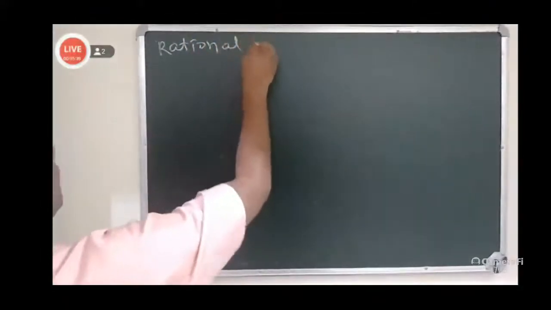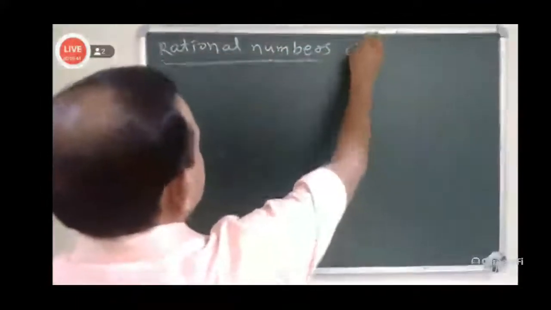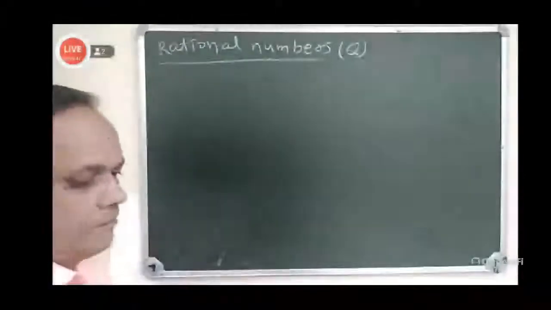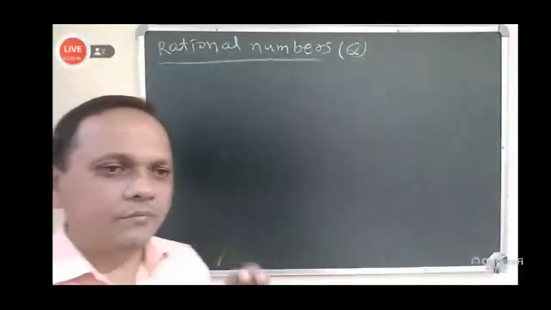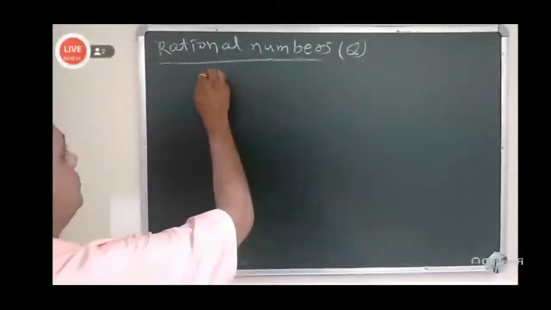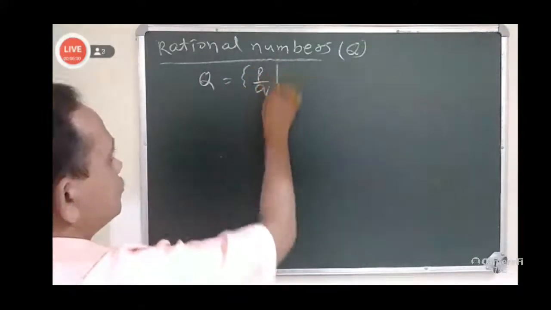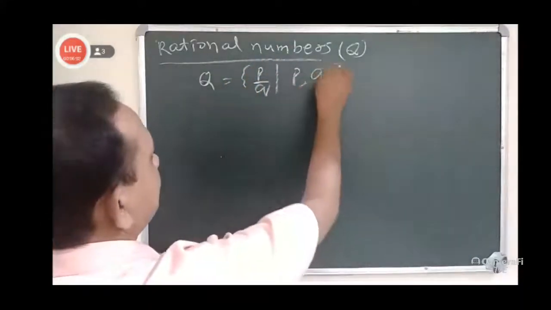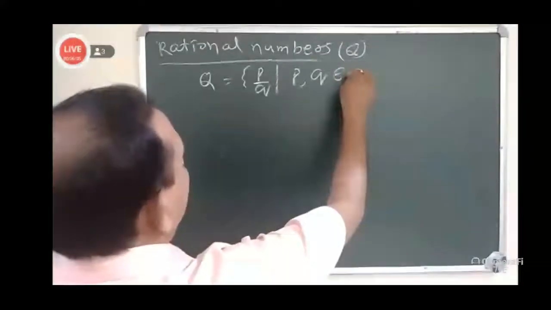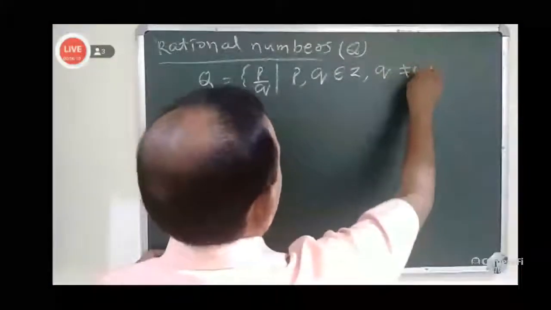That is Q. Rational numbers Q: any number which can be formed as P by Q, such that Q equals P by Q where P and Q belong to Z, Q not equal to 0.